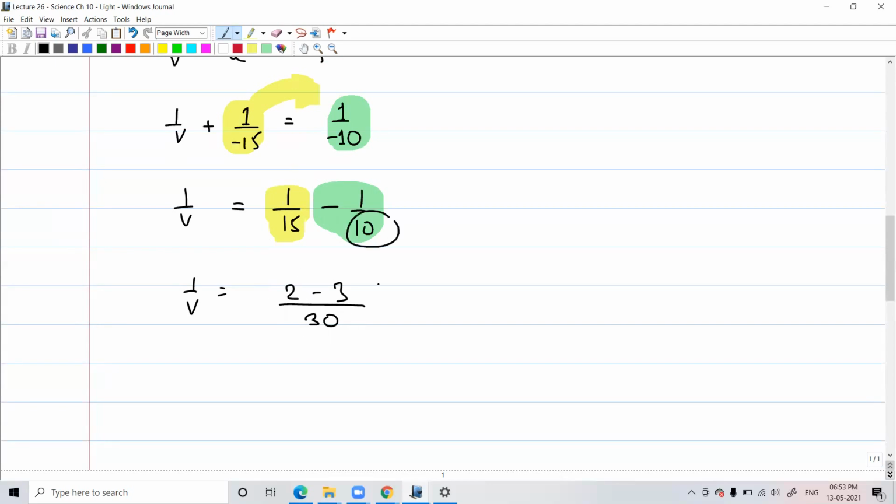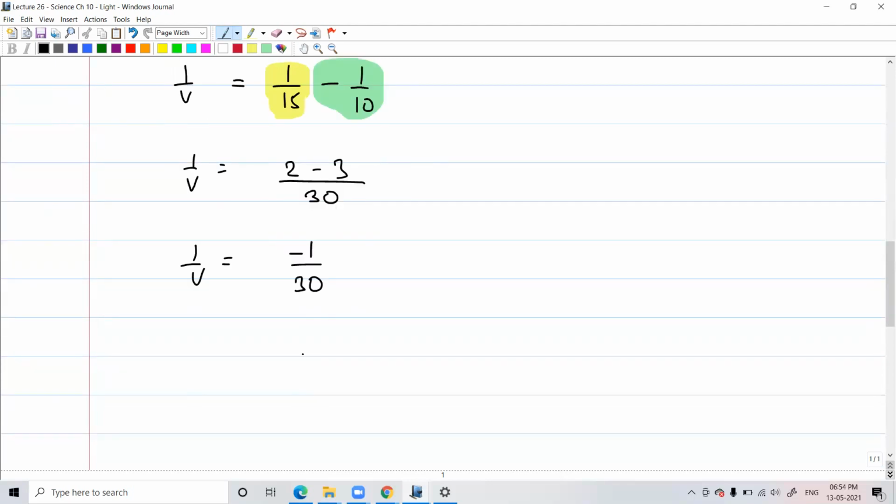And 10 threes is 30. So 3 will multiply with this numerator, it will become 3 here. 2 minus 3 by 30. Everybody knows this. So it's minus 1 by 30. And then we can flip it around, do the reciprocal so that we'll get the V value. This is 1 by V. So you'll get V is equal to minus 30 centimeter.